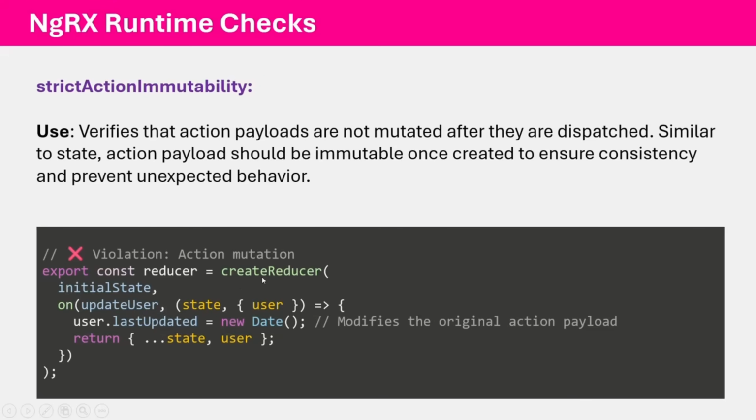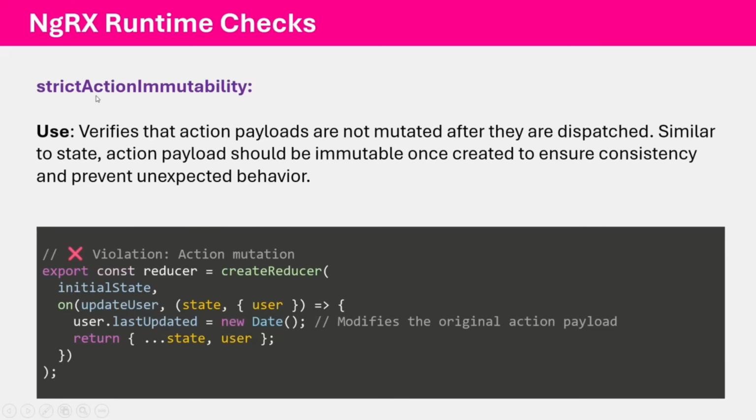With this action, we are also receiving a payload. In the payload, we have a user object. Here we are trying to update the last updated value of that user object, so we are trying to mutate the payload object itself. But if we enable the strict action immutability check, then it will not allow us to mutate the action payload.